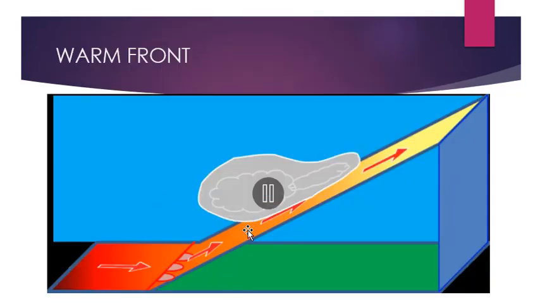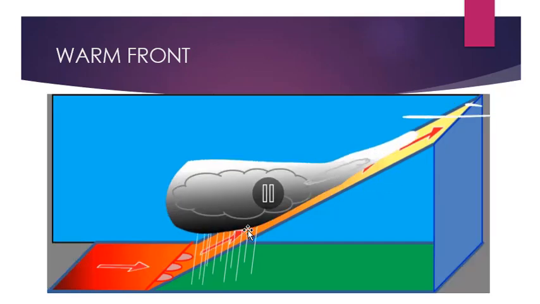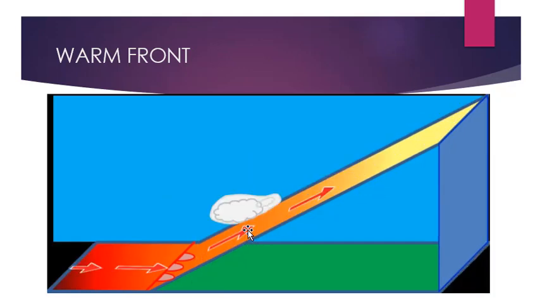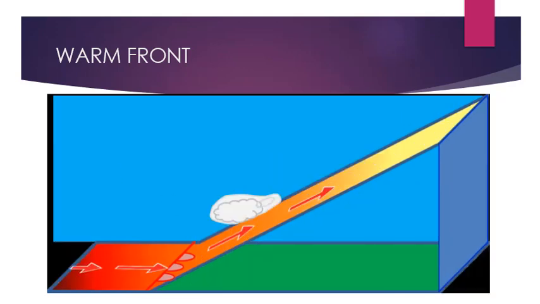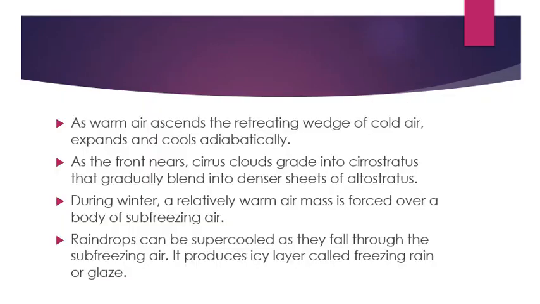Take note also that during winter, warm air above sub-freezing air, or very cold air, can result in formation of ice or snow, because raindrops can be supercooled as they fall through the sub-freezing air. So it can produce freezing rain or glaze.